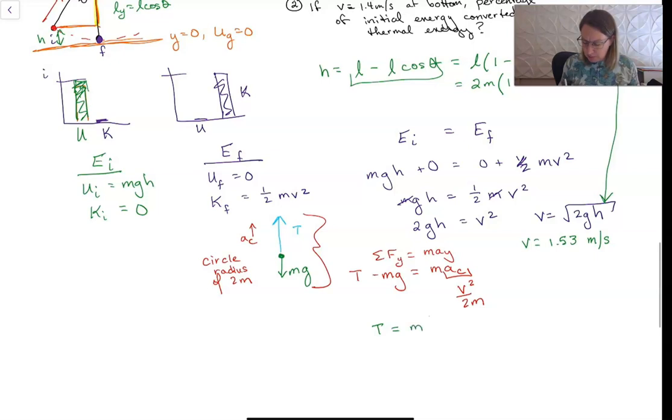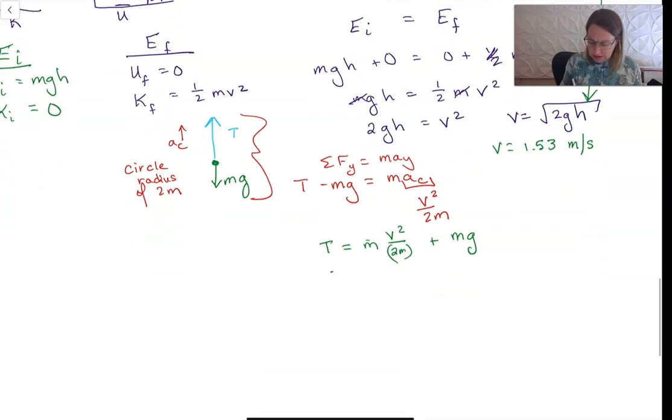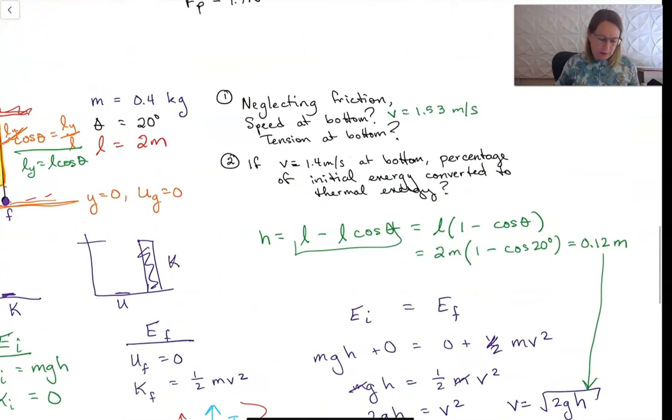I get m v squared over 2 meters. Sorry, this is not the same as the m for the mass. Plus mg.